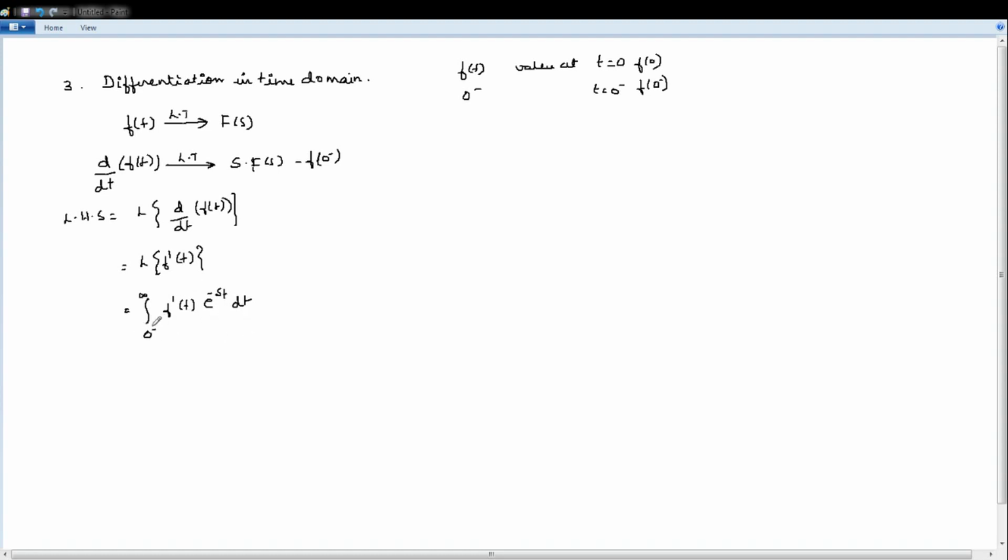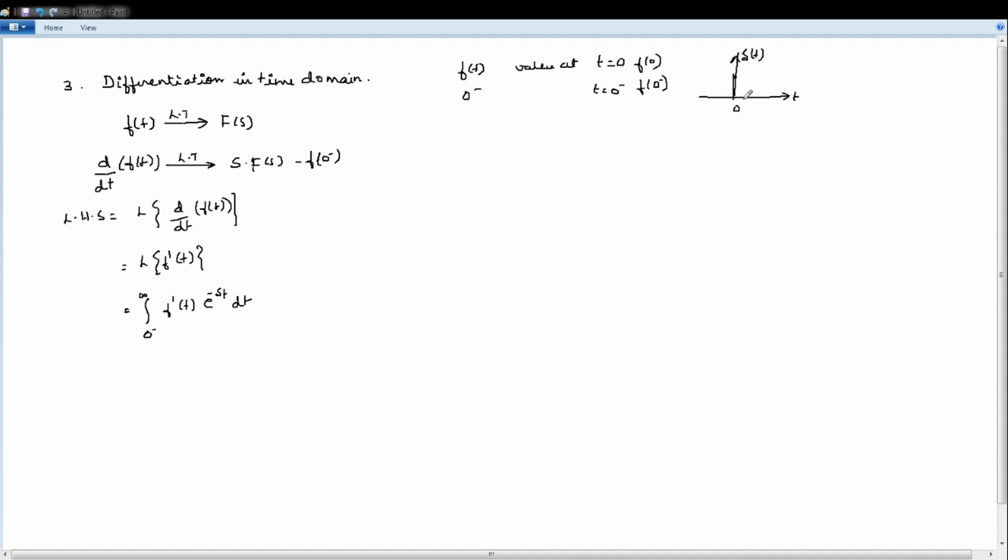Now why have we taken 0 minus into consideration? See, there is a function called the delta function or impulse function which exists only at t equal to 0, right? So while taking the unilateral Laplace transform into consideration, the lower limit of the integration is 0 and the upper limit is infinity.